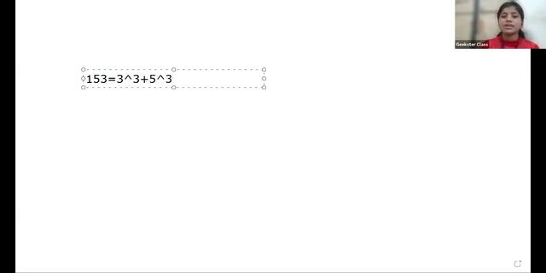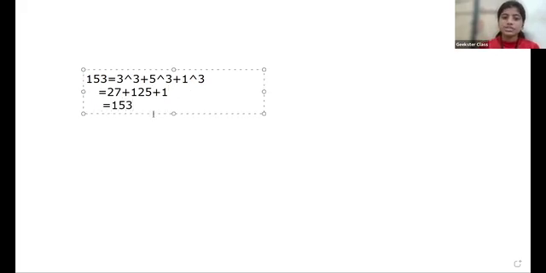Similarly, 1 is there, so extract the next digit and take its cube. 3 cube equals 27, 5 cube equals 125 and 1 cube equals 1. So when you add up all these numbers, you will obtain 153, which is equal to the number.